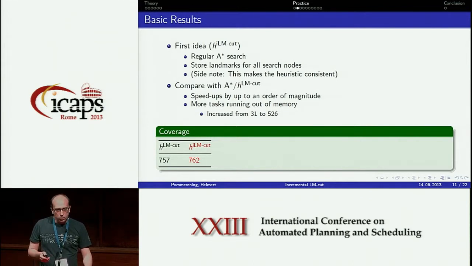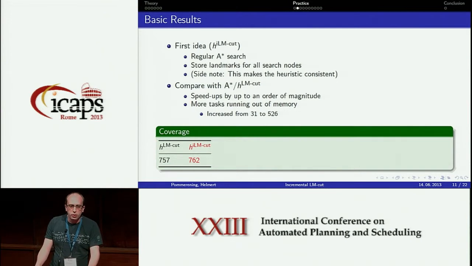So if we compare the results with a regular A* search with the regular LMCAT, we can see speed-ups by up to an order of magnitude.